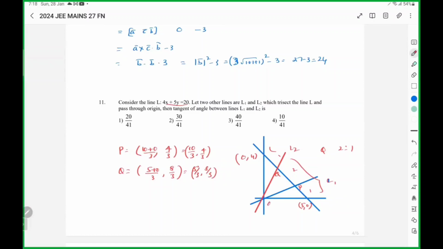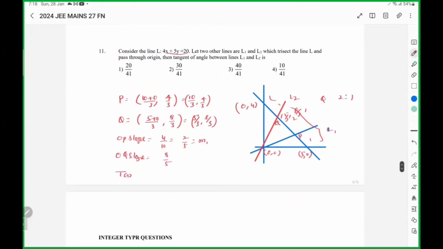After knowing P coordinates, OP slope is 4 by 10, which is 4 by 3 minus 0 by, this is M1. OQ slope will be, here Q coordinates 5 by 3 comma 8 by 3. 8 by 3 minus 0 by 5 by 3, 8 by 5.